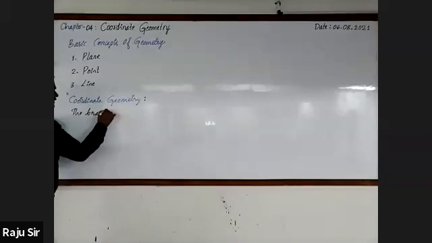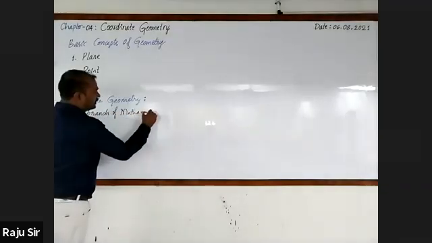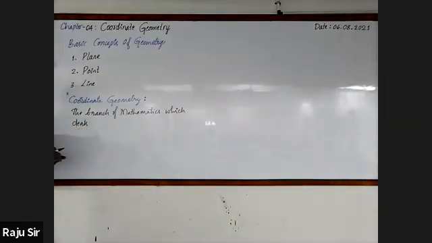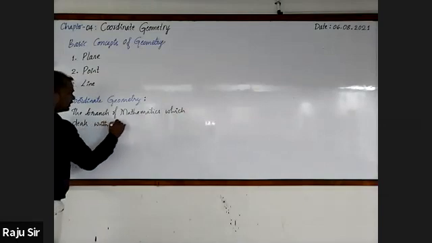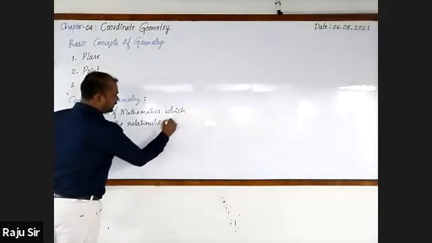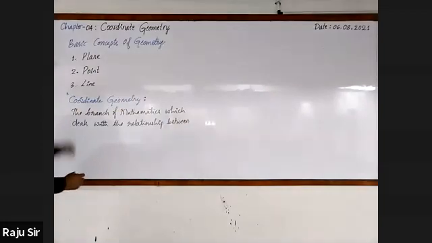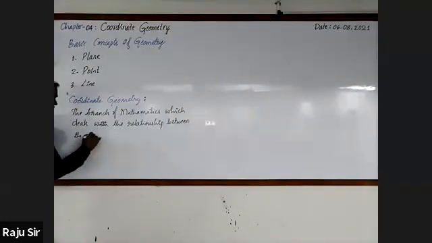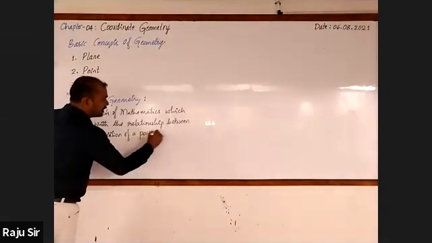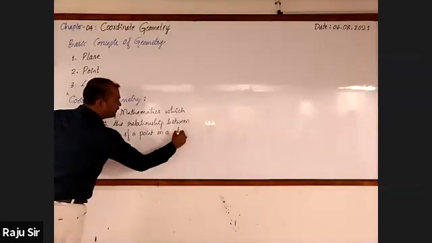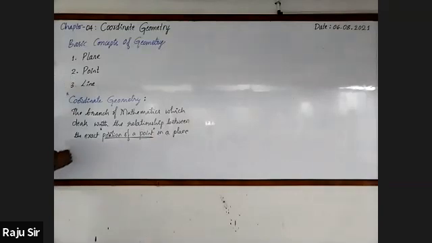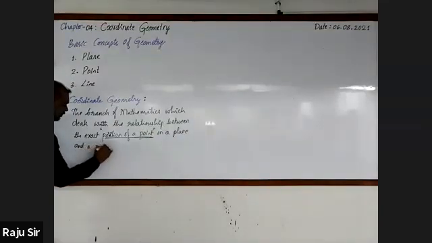The branch of mathematics which deals with, means which studies, the relationship between the exact position of a point on a plane and a pair of what?